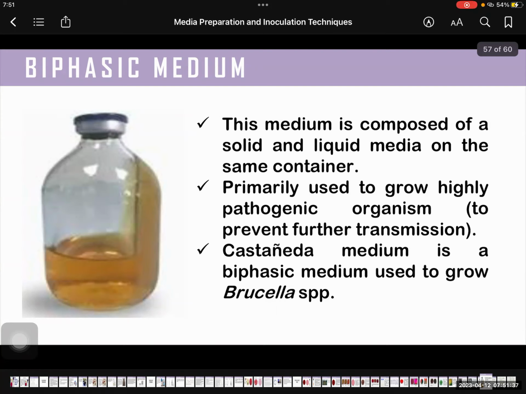So a very good example of this would be the Castaneda medium used to grow Brucella. At I think bioterrorism agent level A itong mga to kasi nga madali siyang ma-spread. And the symptoms are actually very severe as well. So these are organisms or bacteria that comes from animals usually. So zoonotic ang transmission of Brucella.